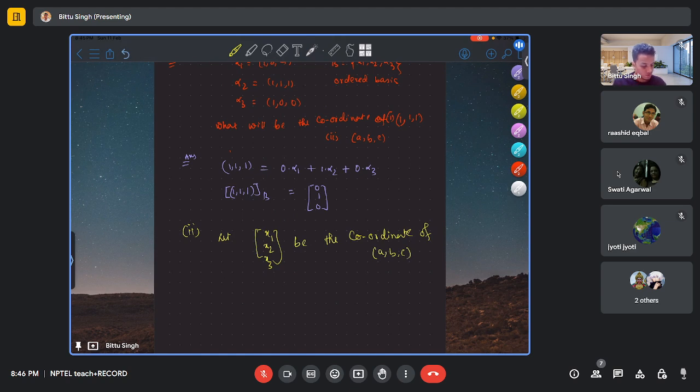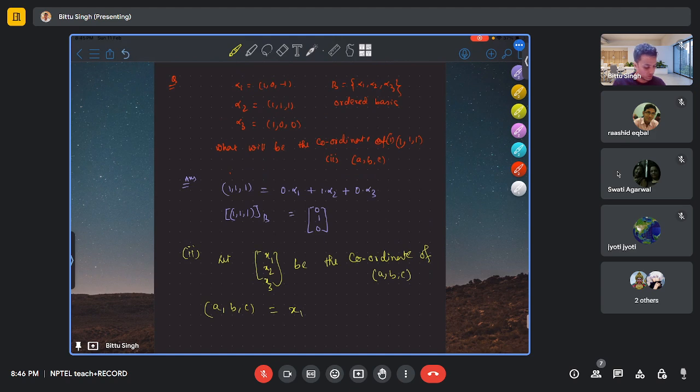Then clearly (a, b, c) can be written as a linear combination of the basis vectors: x1 times alpha 1 plus x2 times alpha 2 plus x3 times alpha 3.